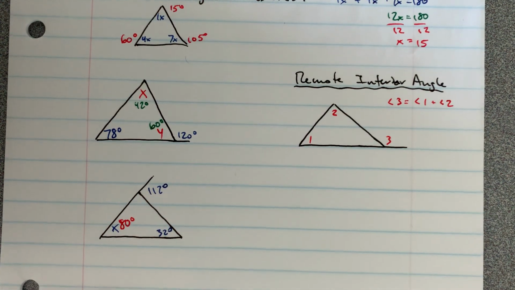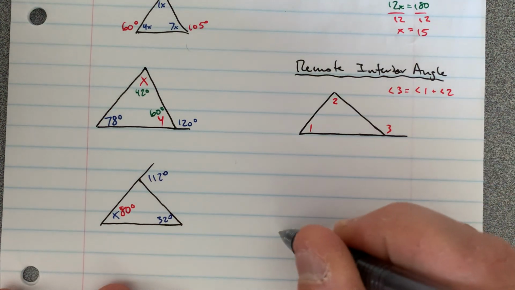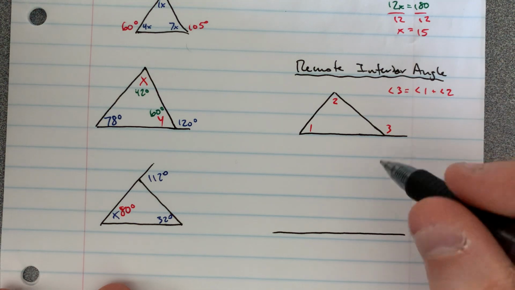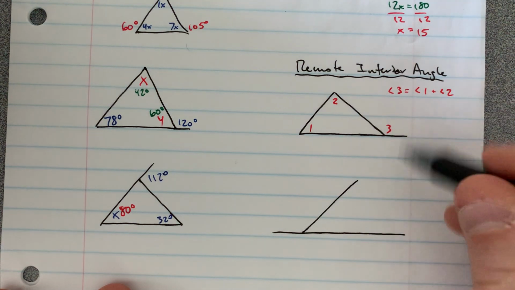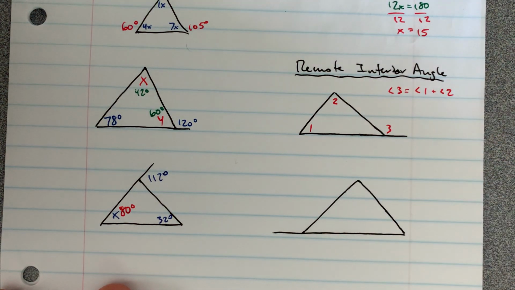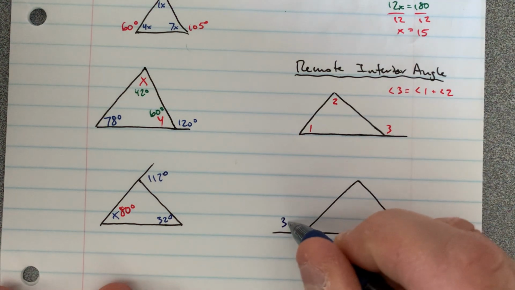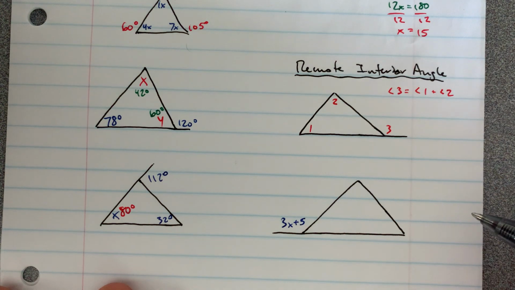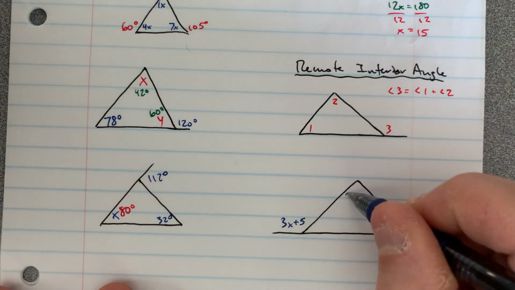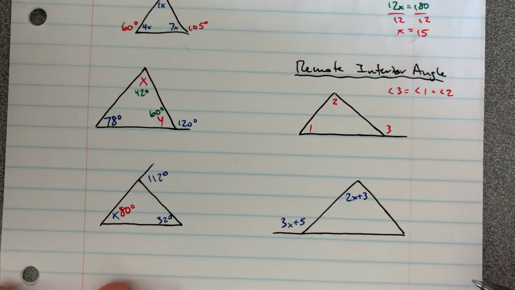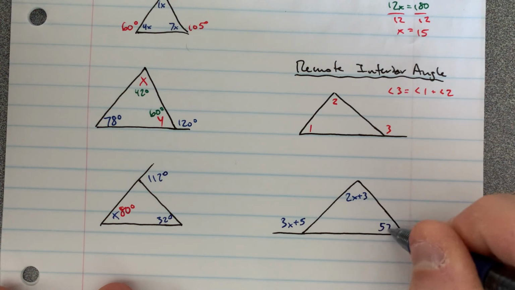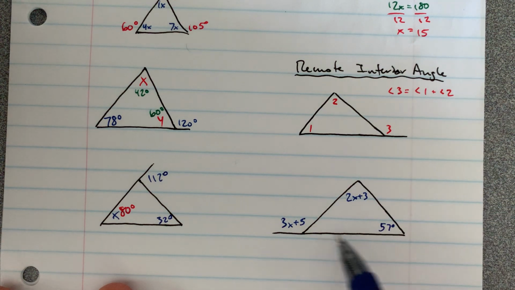But that doesn't work if I give you something very large and algebraic. I would have to use my idea of remote interior if I give something like 3x plus 5 as my exterior angle here, 2x plus 3 up here, and 57 degrees over here. I can't use the idea of supplementary here because this is not a specific number.